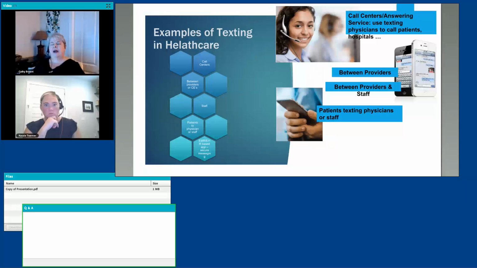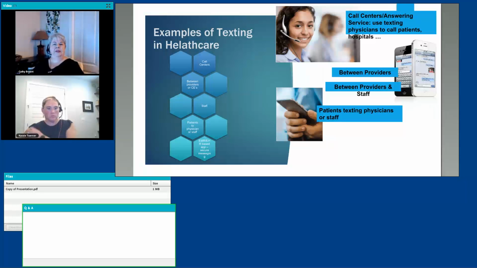Patients are often texting physicians. You'd say, well, how did they get my cell phone number? Imagine you're a friend outside of your professional relationship. I go to church with a physician, and I have their cell phone number. If I were their patient, what would prevent me from texting them after hours or on the weekend?